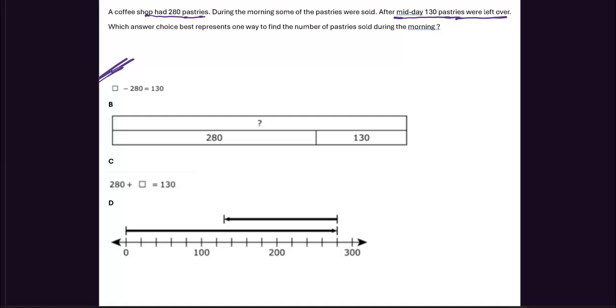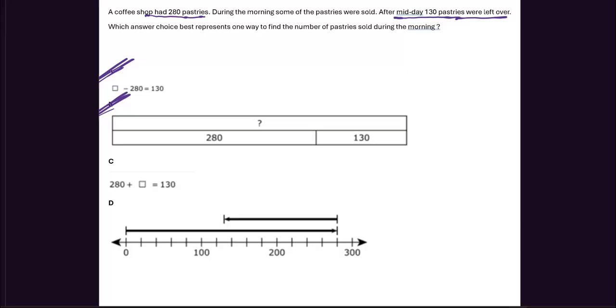Now let's look at B. B, 280 we said was the total. So 280 is not in the total box, it's in the part box. So we know that B is also out.